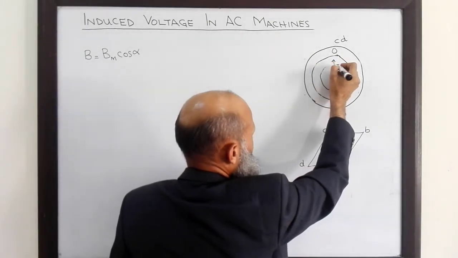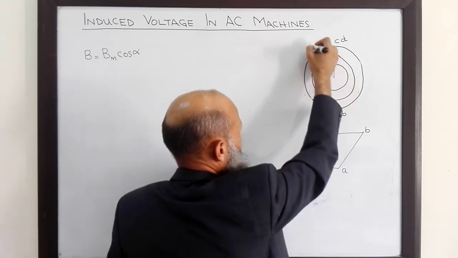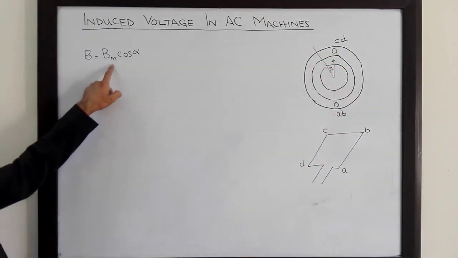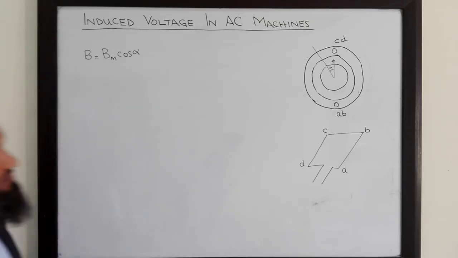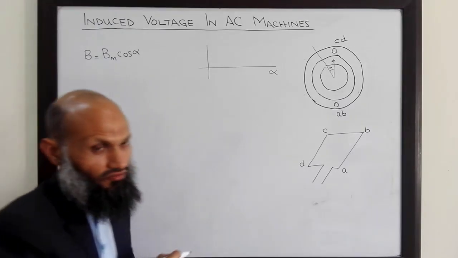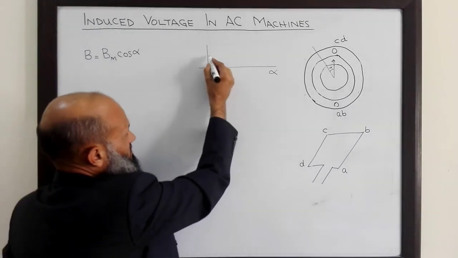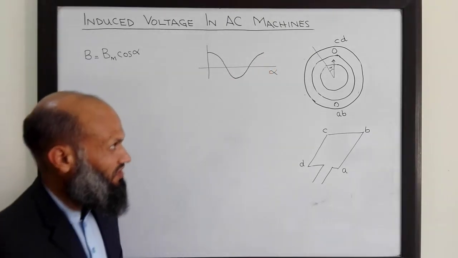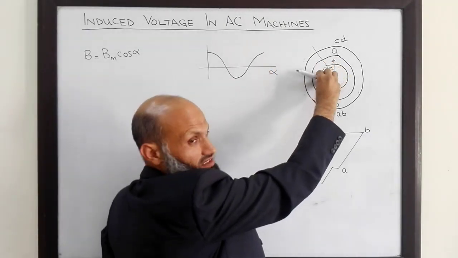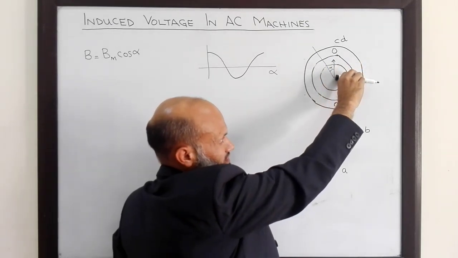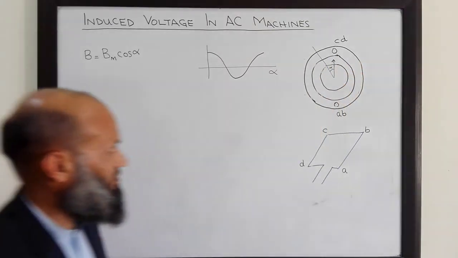It is maximum at this point, and at a certain angle alpha, it is given by Bm cosine of alpha. It decreases in this direction and also in this direction, and then again increases in the opposite direction.